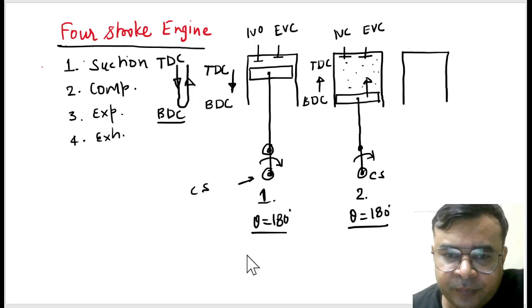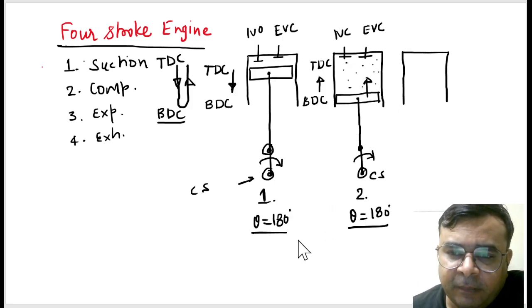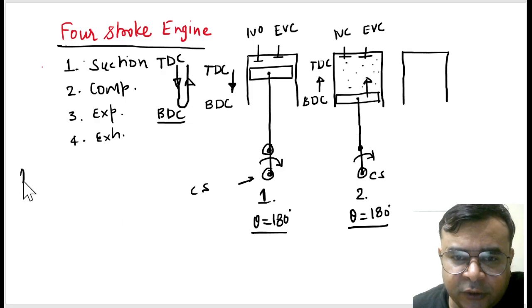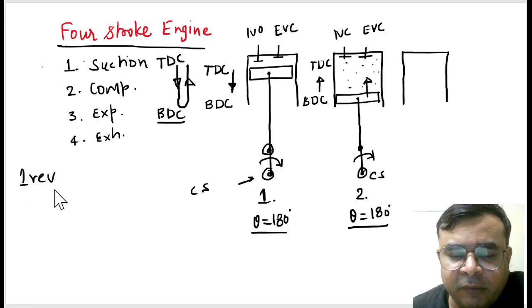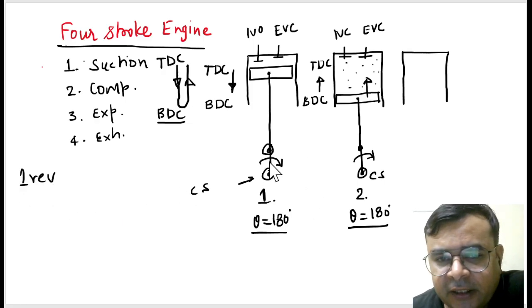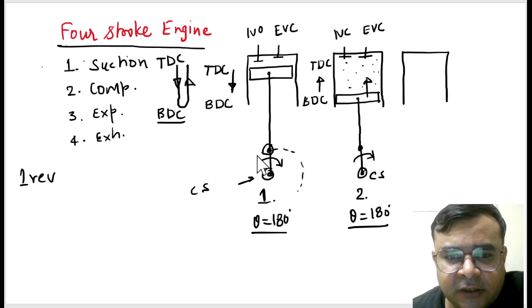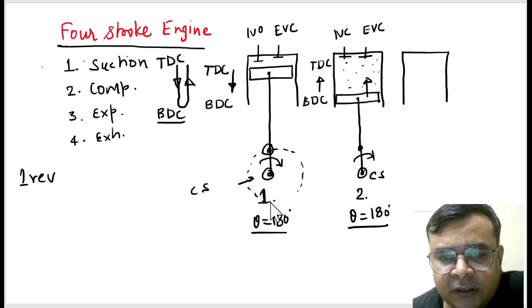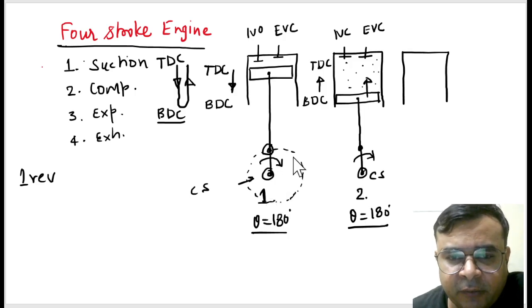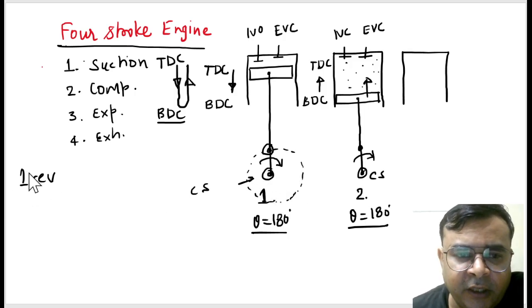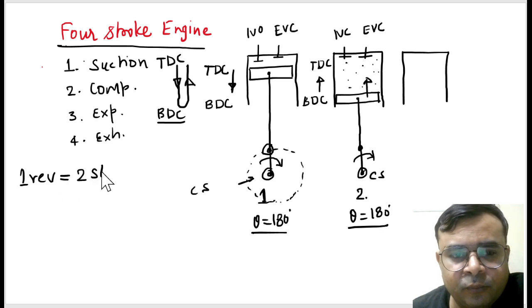Are you getting this? One revolution of the crank means, if I draw its locus, it will be drawn like this. So in one complete revolution of the crank, we get two strokes.